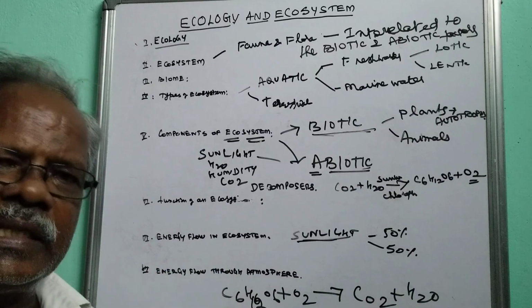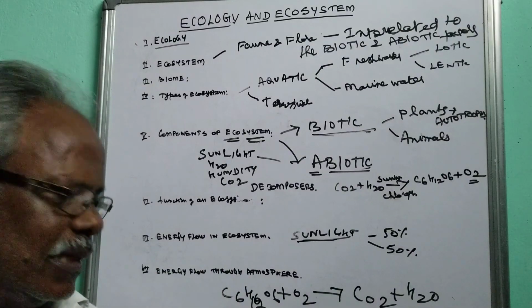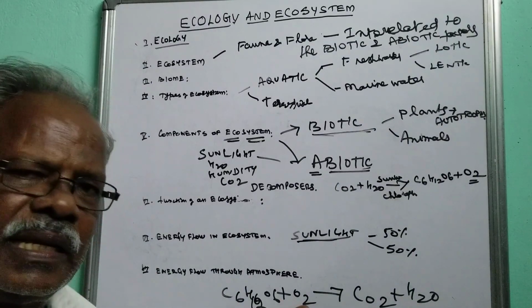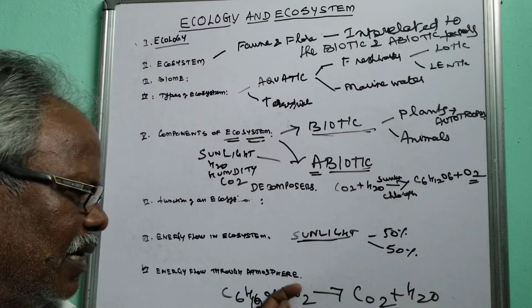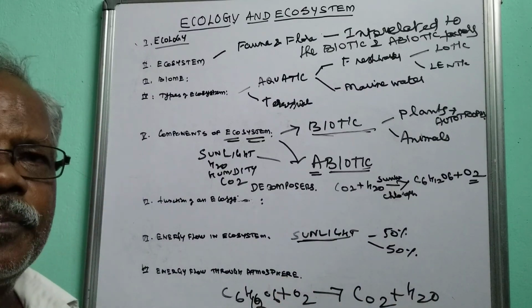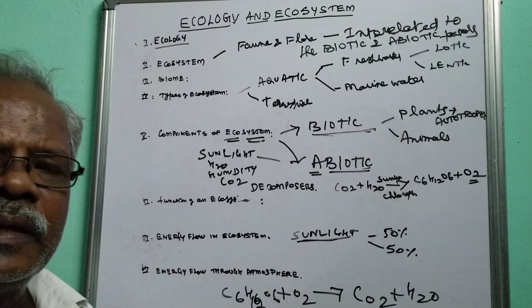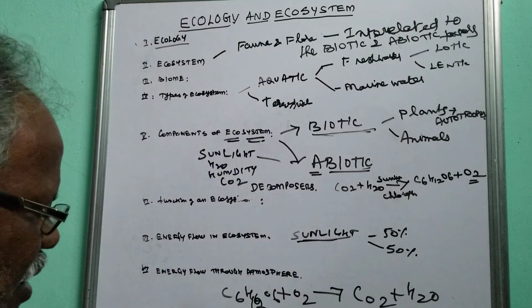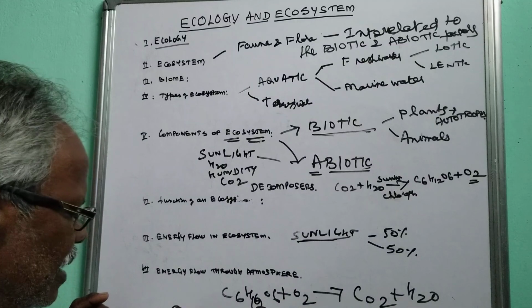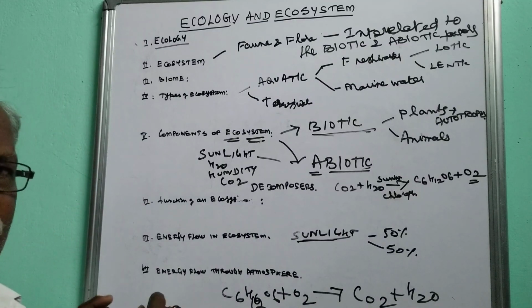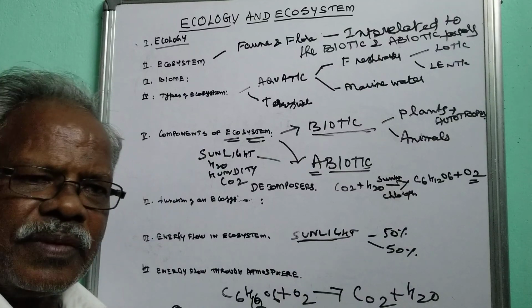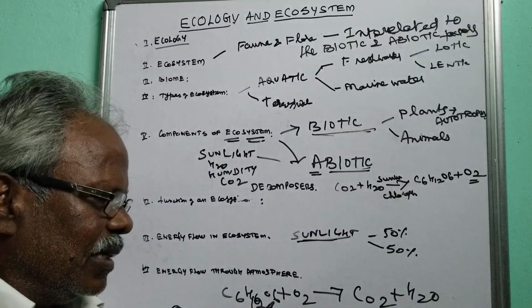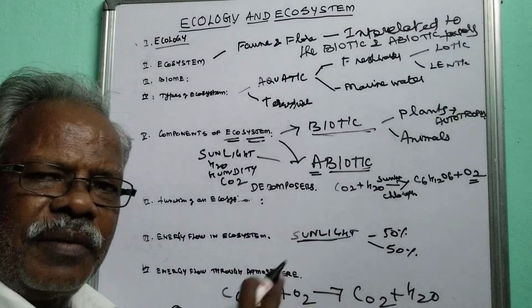The energy found in the plants, with the help of oxygen, is again converted into carbon dioxide and water. And this is governed by two things. One is, according to the law of thermodynamics, energy can neither be created nor destroyed. So the energy in one form is converted into another form.